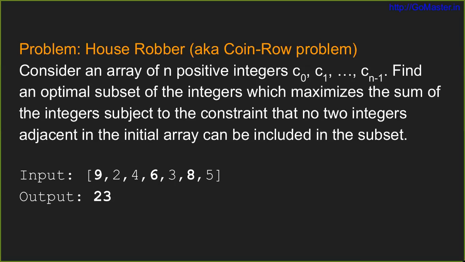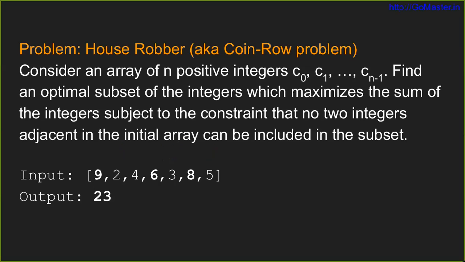Essentially, we need to find the optimal subset of this set of coins which maximizes the sum of integers in that subset, but no two adjacent integers in this initial array can be included in the subset. In this example, picking these three, 9, 6, and 8, which is 23, is the maximum we can get. We cannot get more than 23 for this problem with the constraint.